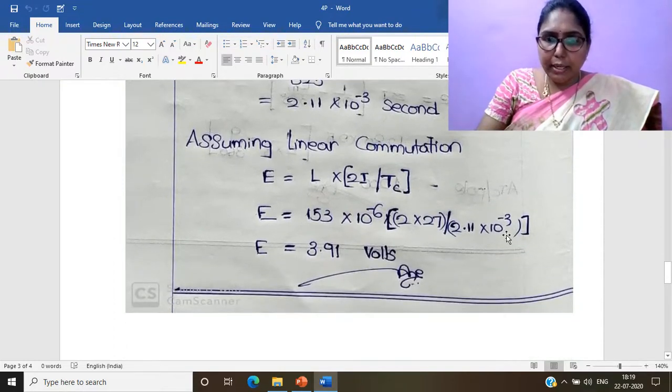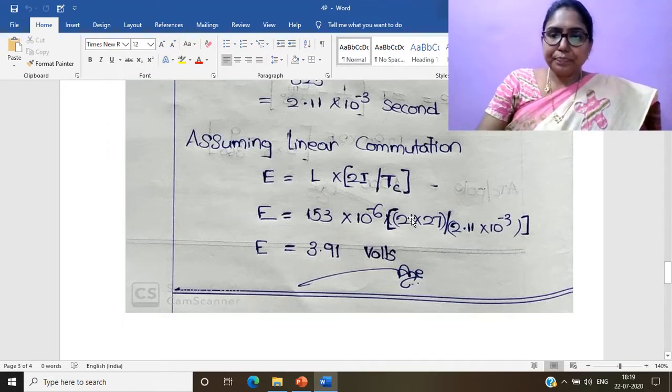By simplifying, we get the reactance voltage for linear commutation as 3.91.